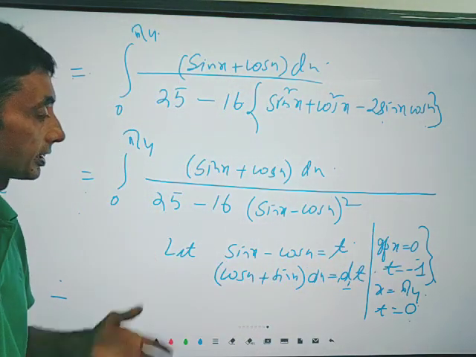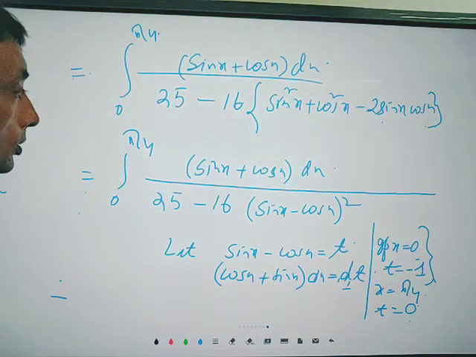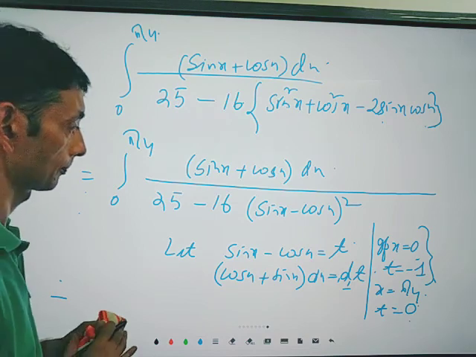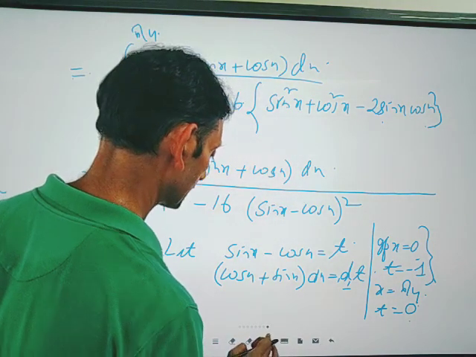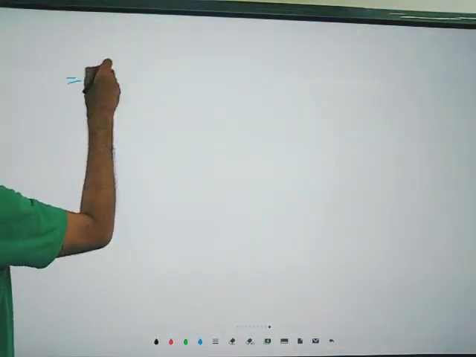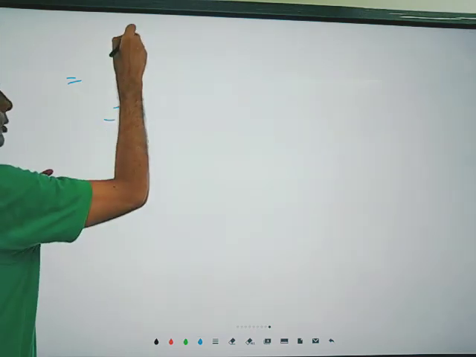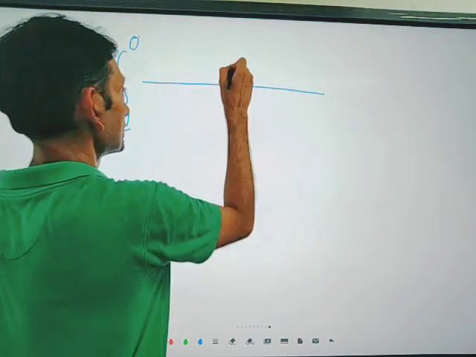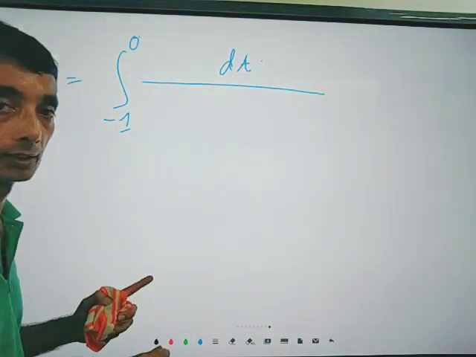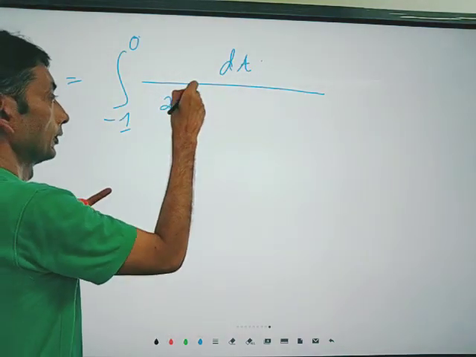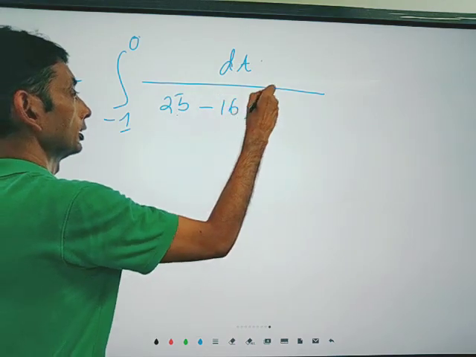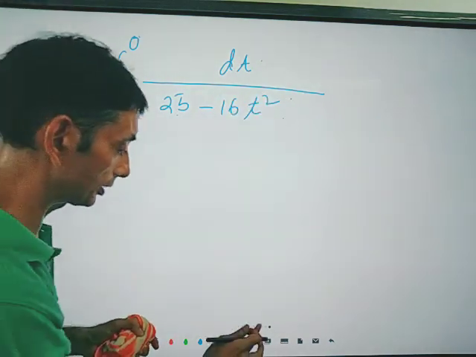Okay, so we'll just continue now. This will be minus 1 to 0, and this is dt over 25 minus 16 t squared. So let us check the steps.